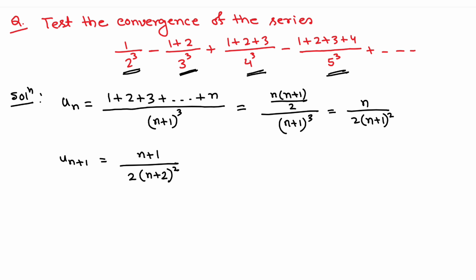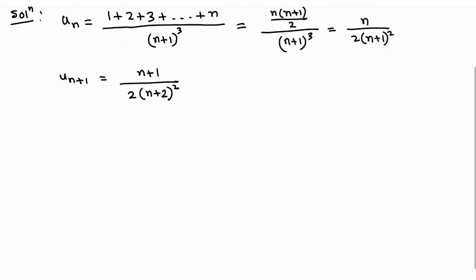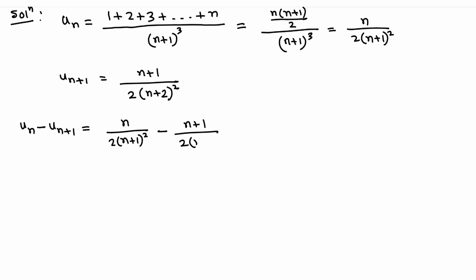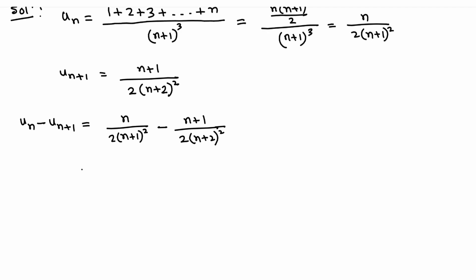Now we have to show that this is monotone decreasing. So un minus un plus 1 equals n by 2 into n plus 1 whole square minus n plus 1 by 2 into n plus 2 whole square. Just calculate this. Half is common. LCM is n plus 1 whole square into n plus 2 whole square.